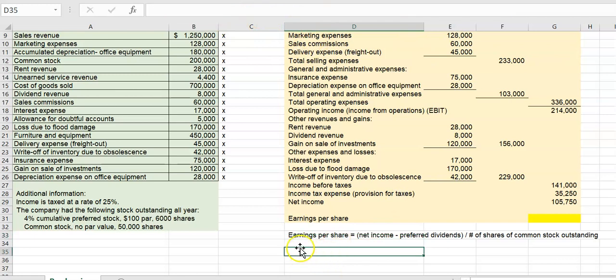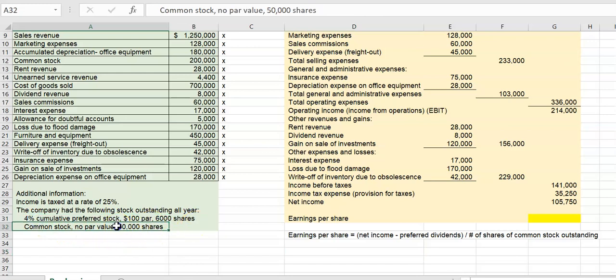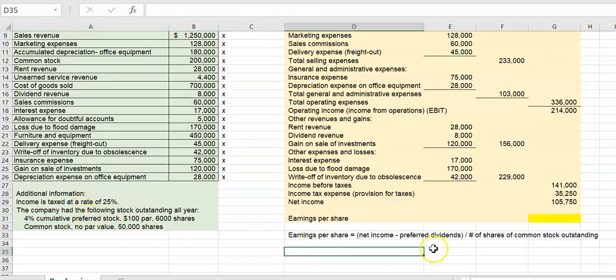All right, so we need to use the information here to figure out, we know what net income is, it's 105,750. Preferred dividends, what are preferred dividends? So I know the company has preferred stock, so they may or may not have preferred dividends. If the company has no preferred stock, that means no preferred dividends. But here they do. So what are the preferred dividends? This is how we solve for preferred dividends.